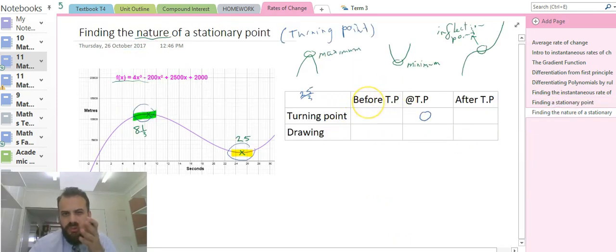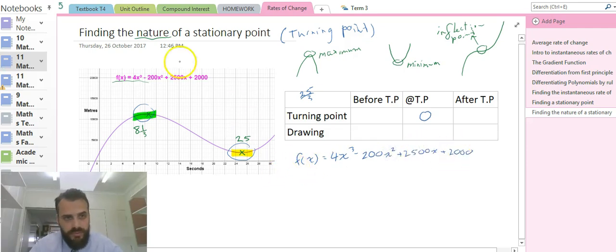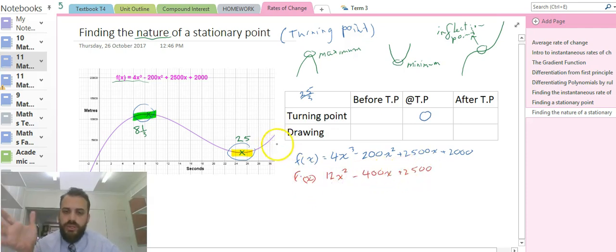Now, what about just before the turning point? So here's my function, f of x equals 4x cubed. Now I'm going to find the derivative of that. You've done this a million times. And the question really is, what's the gradient over here?